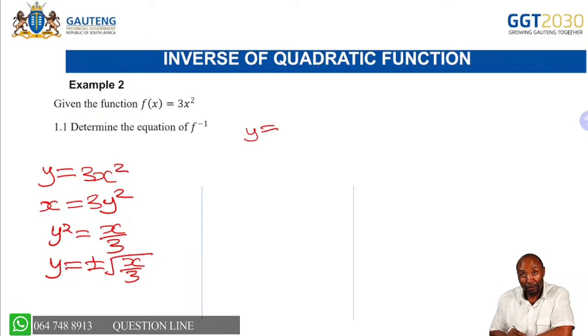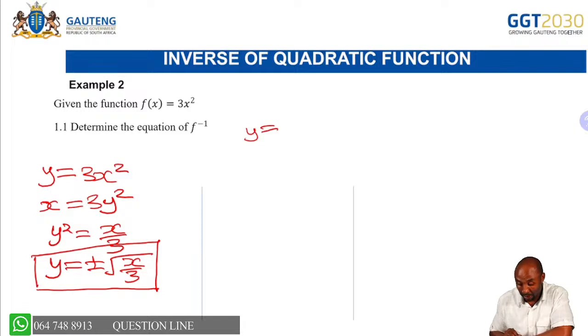But remember what I said. When we sketch this function, it will be a one-to-many and it will not be a function.